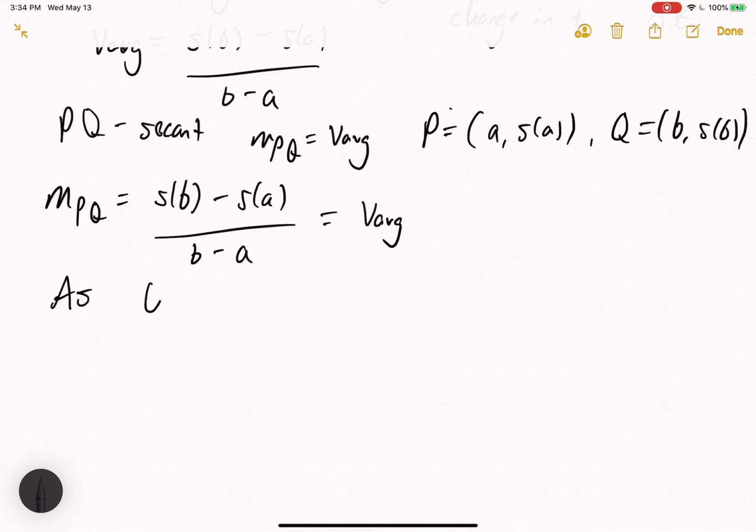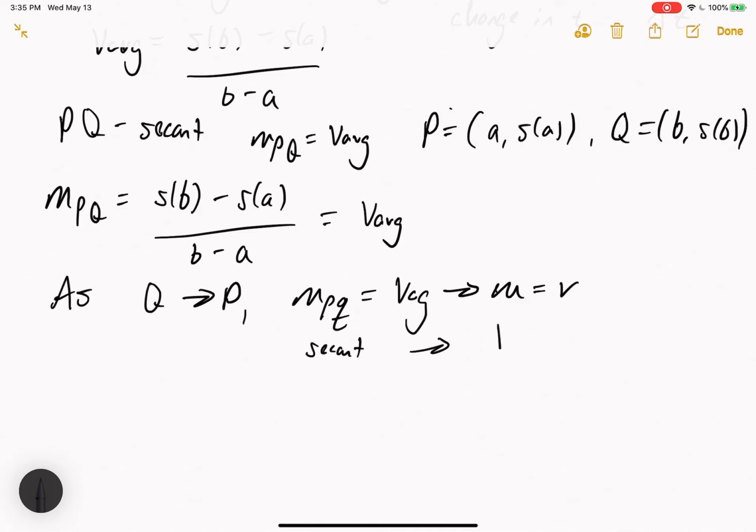As Q gets closer to P, then M_PQ, which in this case is our V average, will get closer to M, which is the slope of the tangent line, but for us, that's really our velocity. So the secant goes to the tangent.